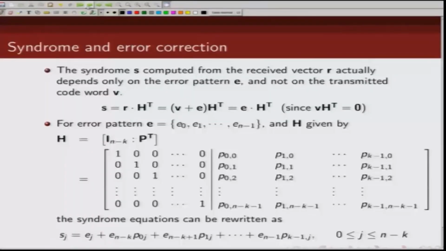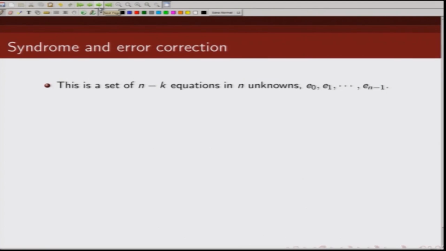Now, we will move into error correction, and we will talk about how we can use the syndrome for error correction. As we saw from the syndrome equations, R was 1 cross n and H transpose was n cross n minus k. So, we essentially had n minus k syndrome equations. So, we had a total of n minus k equations, and how many unknowns do we have?